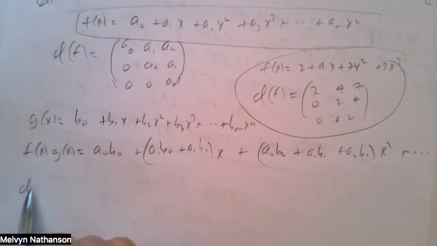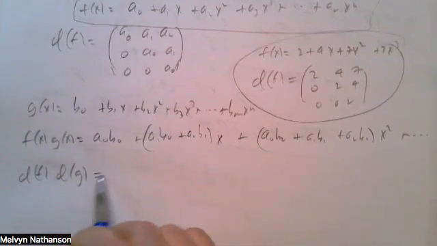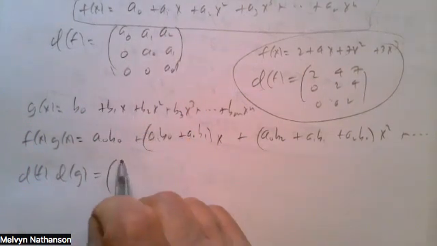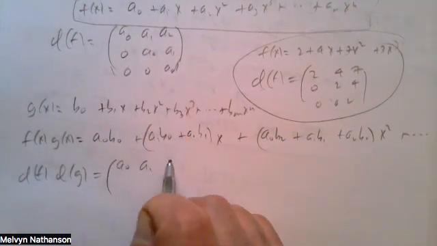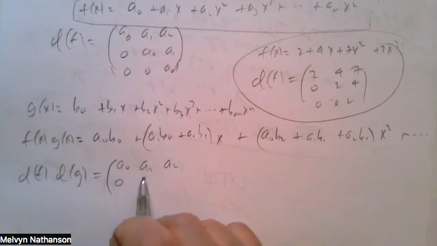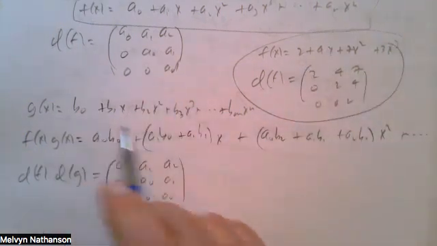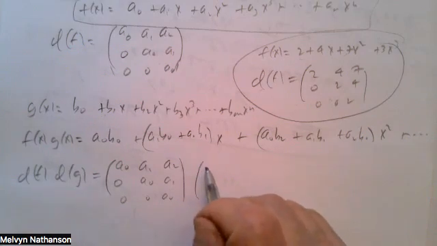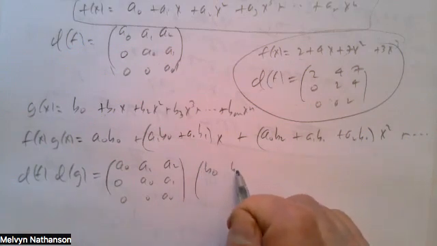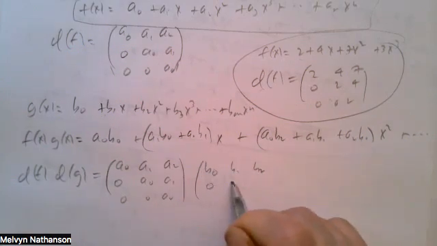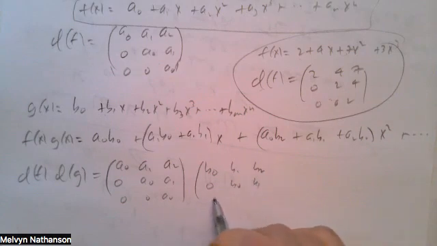So let's see, what is phi of F times phi of G? Phi of F is the matrix A0, A1, A2, 0, A0, A1, and 0, 0, A0. And phi of G is the matrix B0, B1, B2, 0, B0, B1, 0, 0, B0.